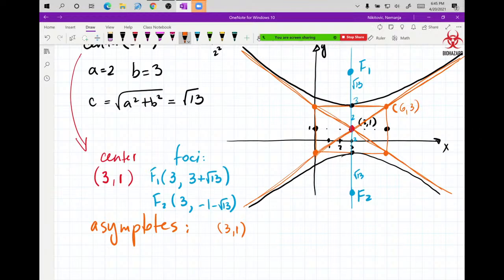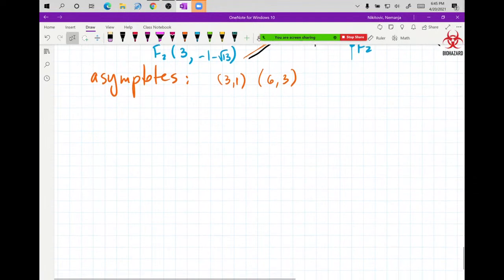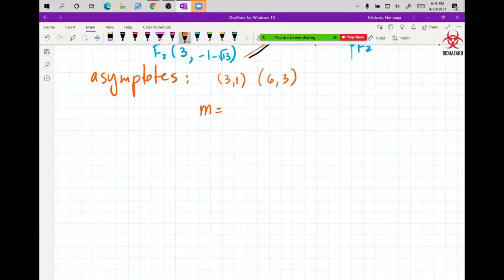Because we had an x coordinate of 3, and then we went 3 to the right, so 3 plus 3 is 6 for x, and then y coordinate is the coordinate of the vertex, which is a 3 on top. So 6, 3. And now just use your standard slope formula, 3 minus 1 divided by 6 minus 3, which is 2 over 3, so 2/3.